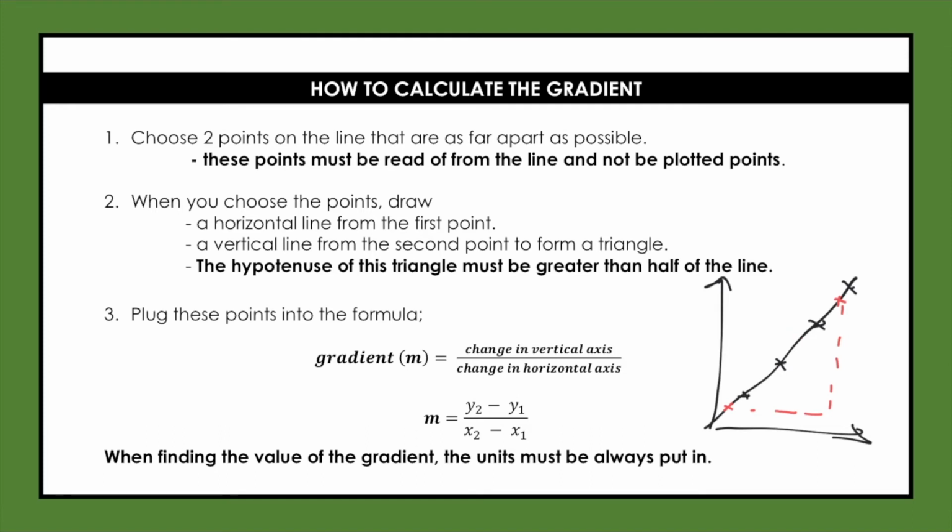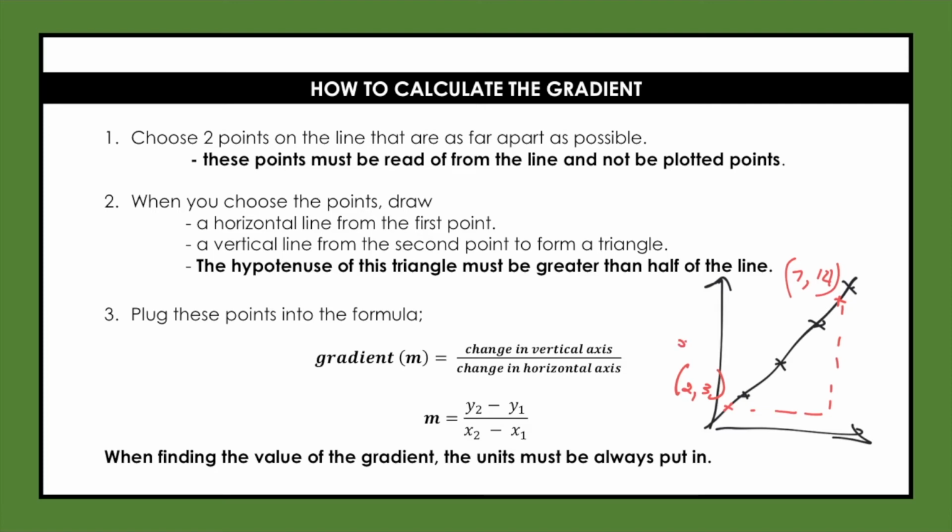This comes back to the same thing where you want a large sample size. You don't want one tiny space or one little triangle going from here to here to calculate your gradient. And then you finally plug these points into the formula. So whatever values you had here, let's just say some pretend values, we had 2 and 3, and up here we had 7 and 14.